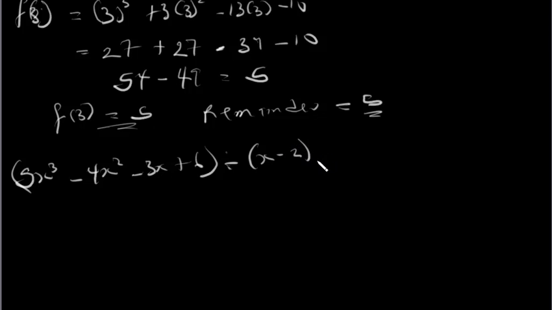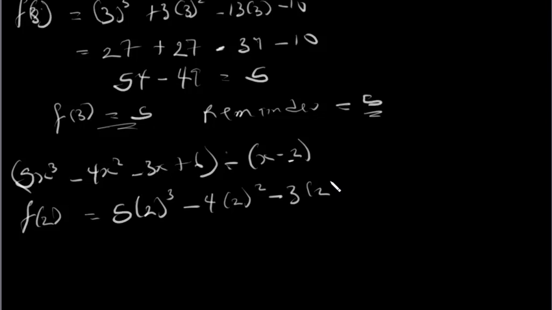Of course, we need f of 2, because we are dividing by x minus 2. Remember, this is equated to 0, then we have x equals 2. Now, f of 2 is equal to 5 into 2 cubed minus 4 into 2 squared minus 3 into 2 plus 6.